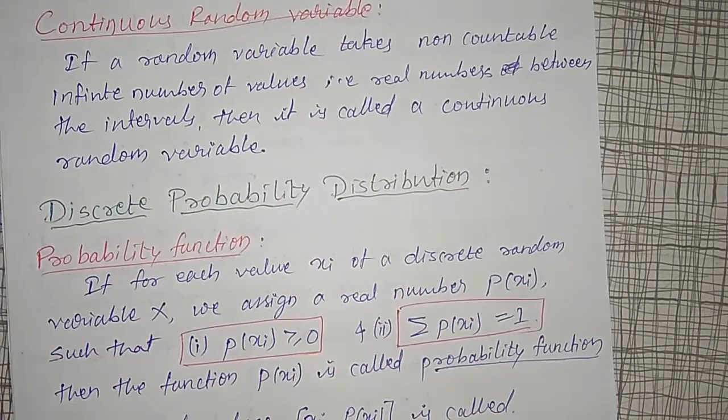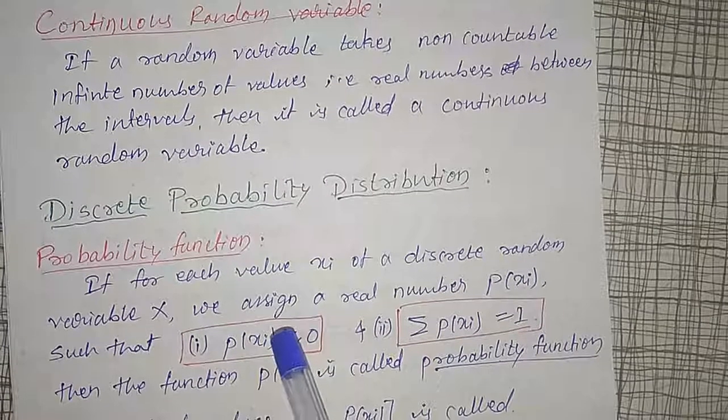Using this distribution, my intention is to find the mean of x and the variance, how the distribution is varying, and its standard deviation. I will define those two first, then I will come back to how to define the function, and with an example I will explain one by one.